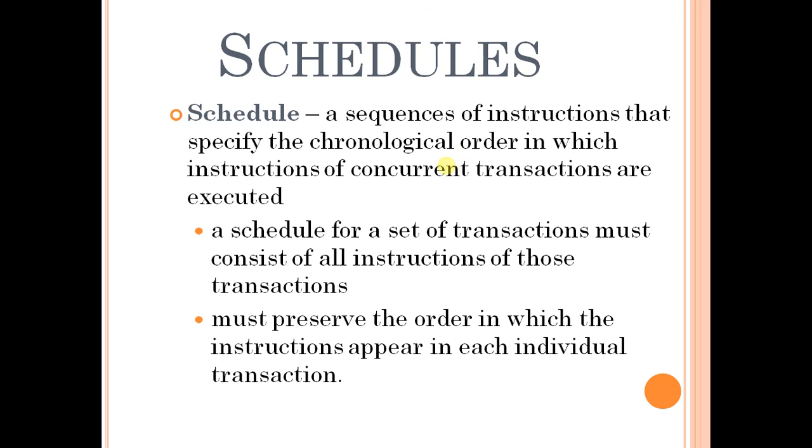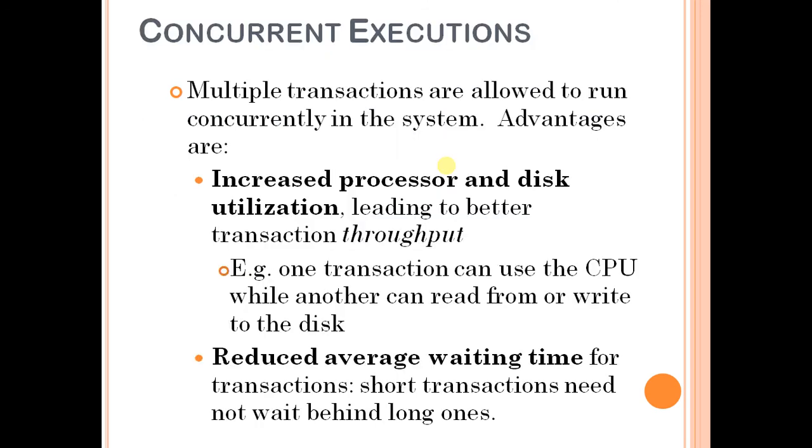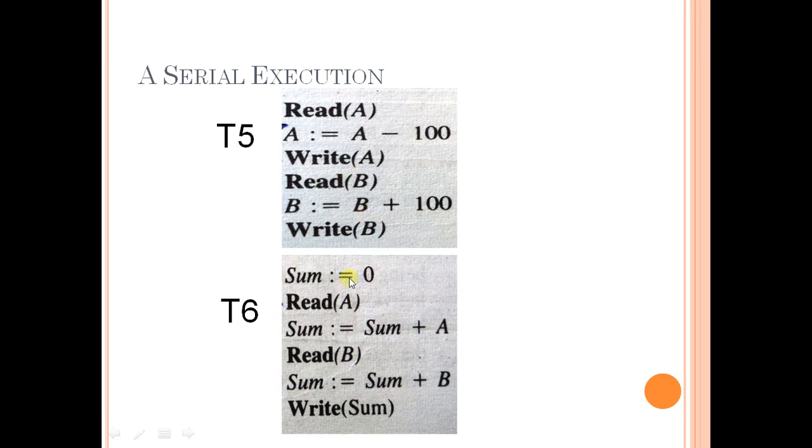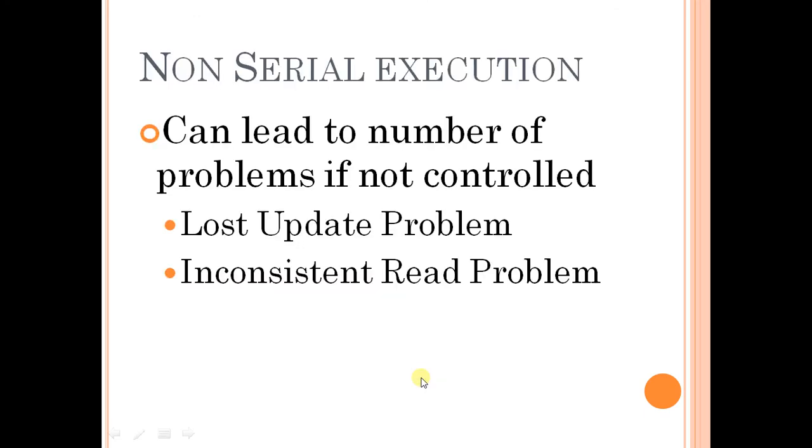The drawback will be that you cannot increase processor and disk utilization, and average waiting time will be increased. So what we want is that instead of using serial execution, we want to mix them. However, if this mixing is not controlled, then a few problems can occur, like the lost update problem and the inconsistent read problem. Okay, let us see those problems.